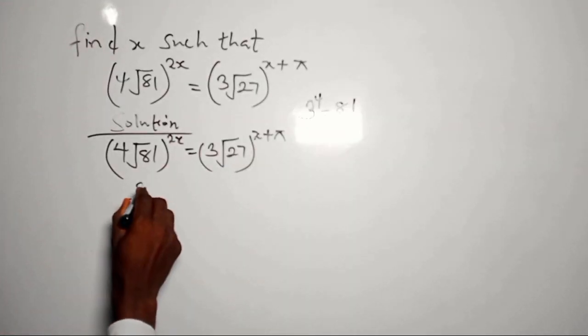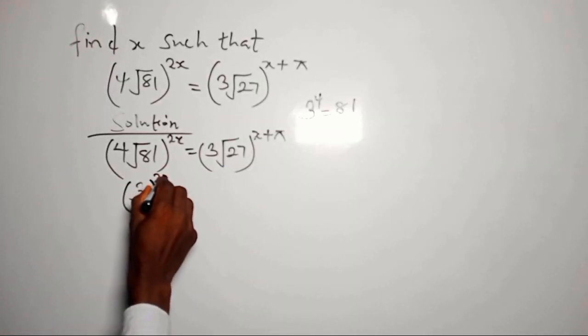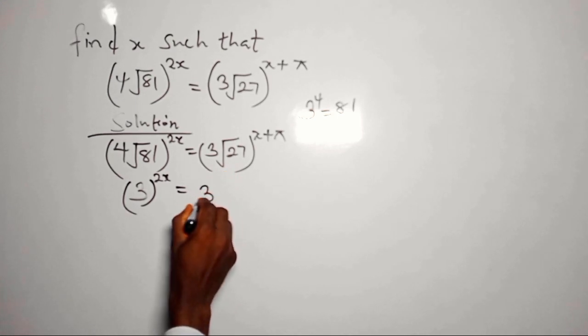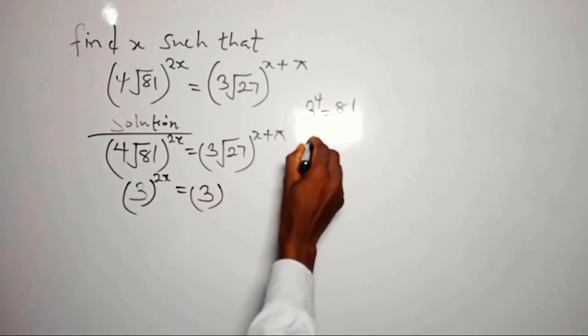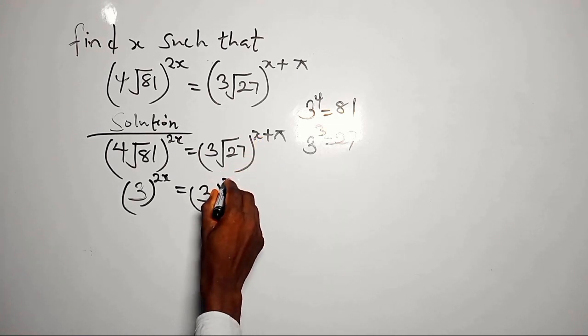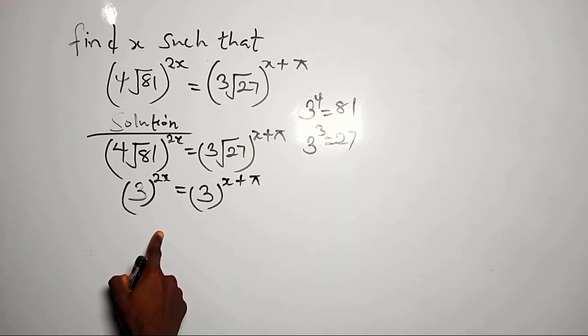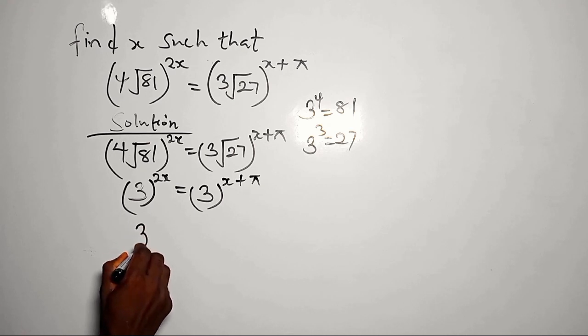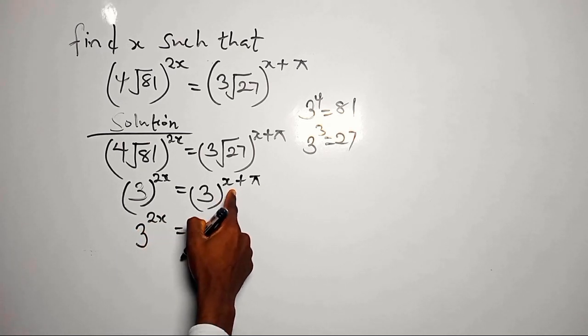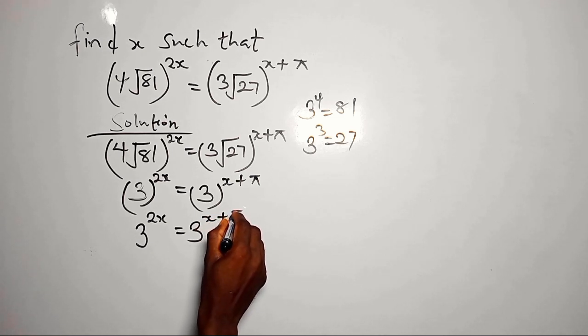So here we have 3 raised to power 2x equals, the cube root of 27 is 3, because 3 raised to power 3 is 27, so here we have 3 raised to power x plus pi. So from here we have 3 raised to power 2x equals 3 raised to power x plus pi.